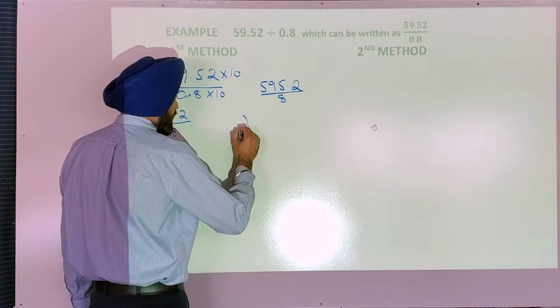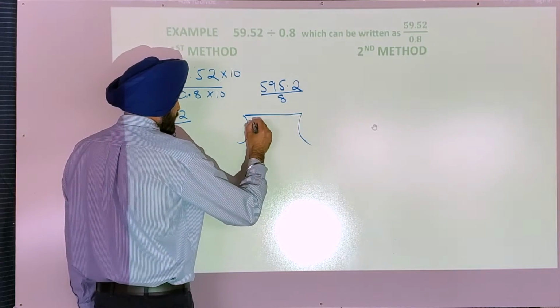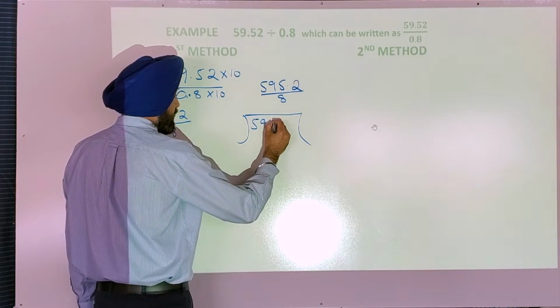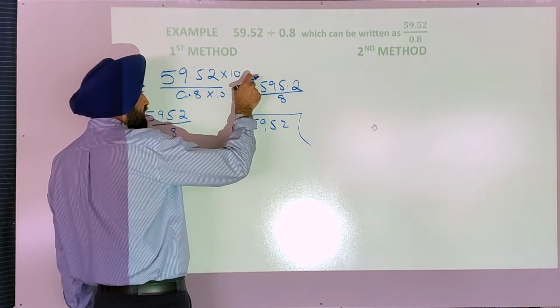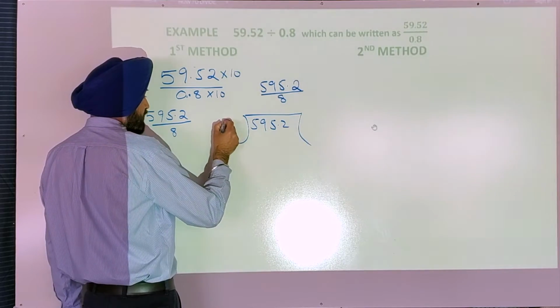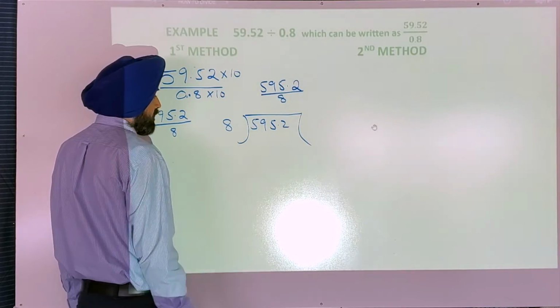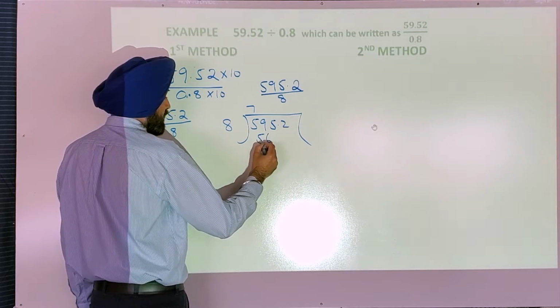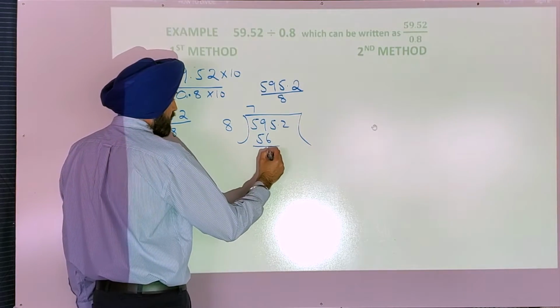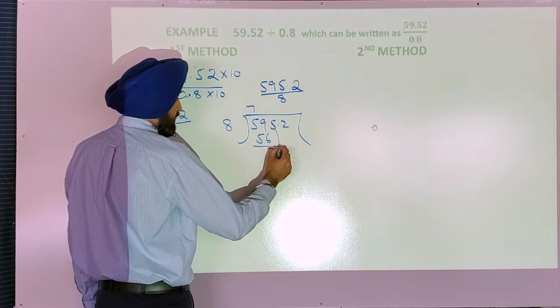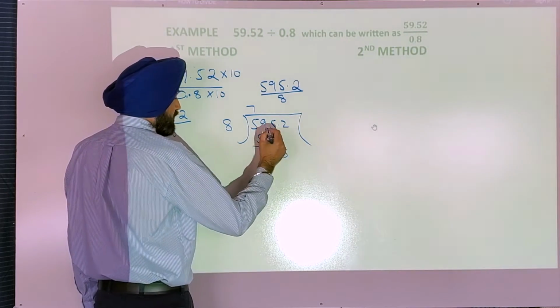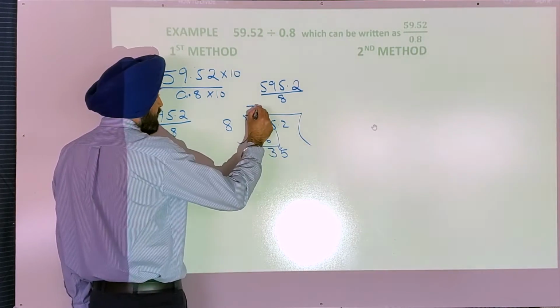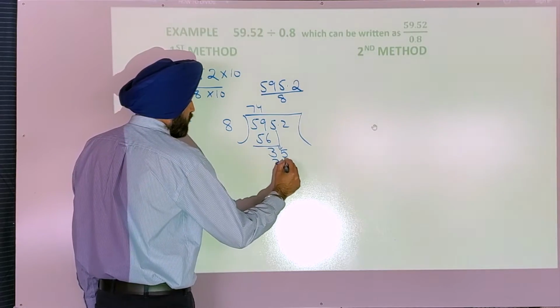So we divide 595. This is the dividend, this is the divisor. 8 times 7 is 56. Subtract these two, you get 3. Bring 5 down, 35. 8 times 4 is 32.